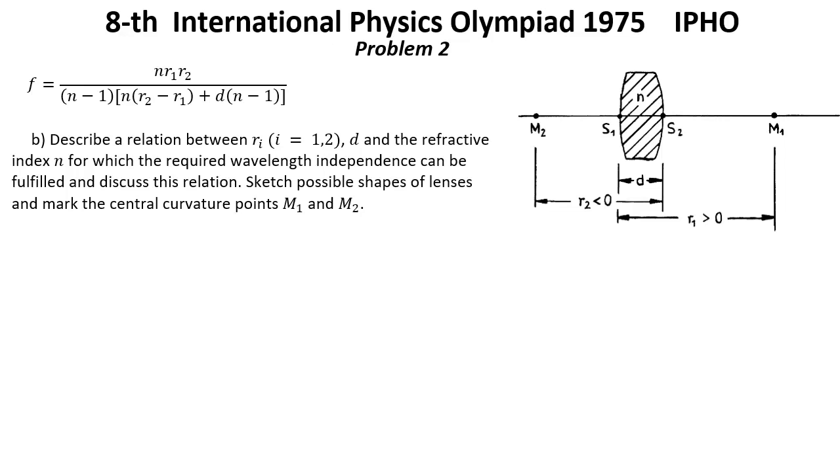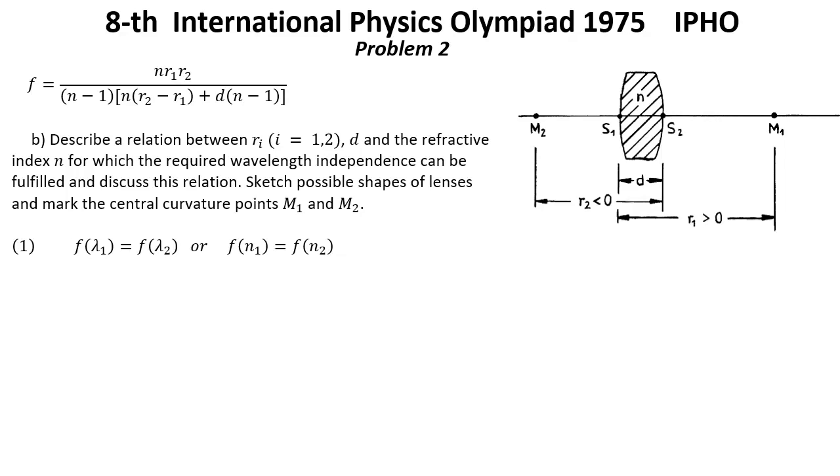Solution for question B. Describe a relation between Ri, i equals 1 or 2, d and the refractive index n, for which the required wavelength independence can be fulfilled, and discuss this relation. Solution. If the focal length is the same for two different wavelengths, then we have f of n1 equal to f of n2.